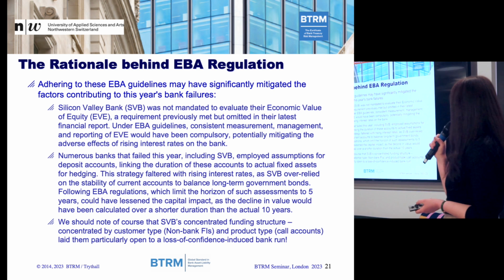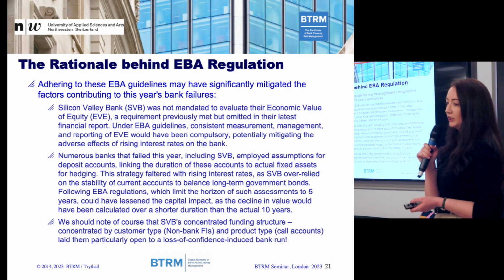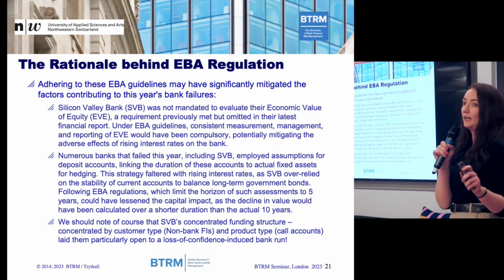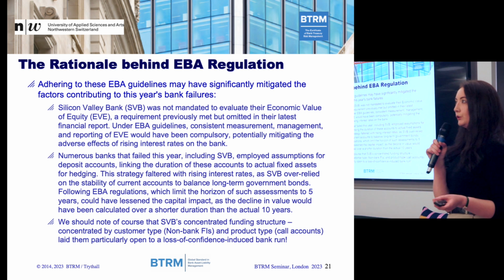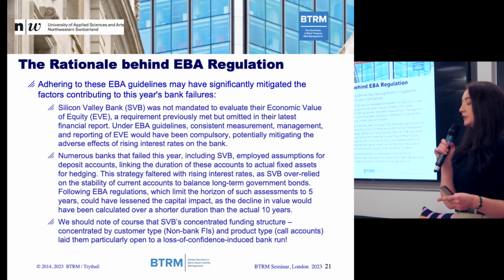So the second point is, Silicon Valley Bank, they failed this year. What they were doing was they were taking their current accounts and they were spreading them across the gap out to about 10 years. So the average life that they were spreading out to was about 6 or 7 years.